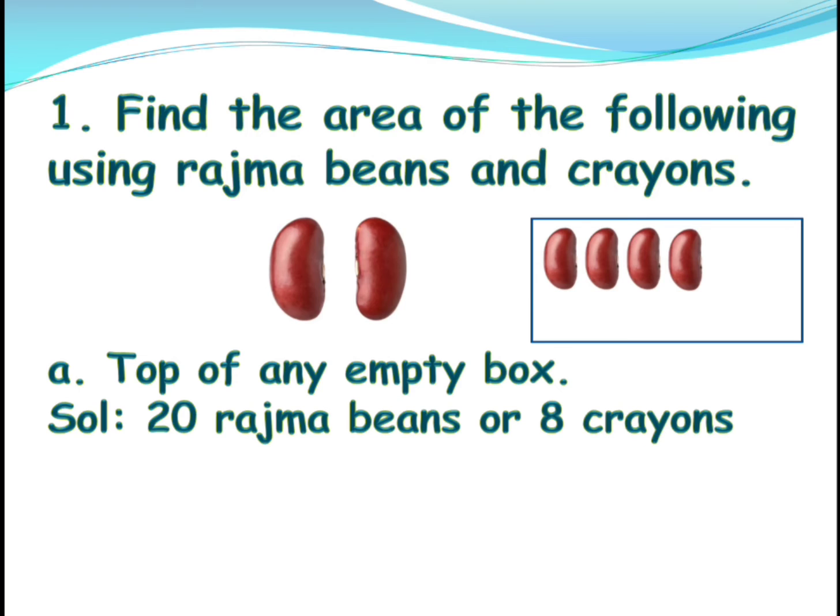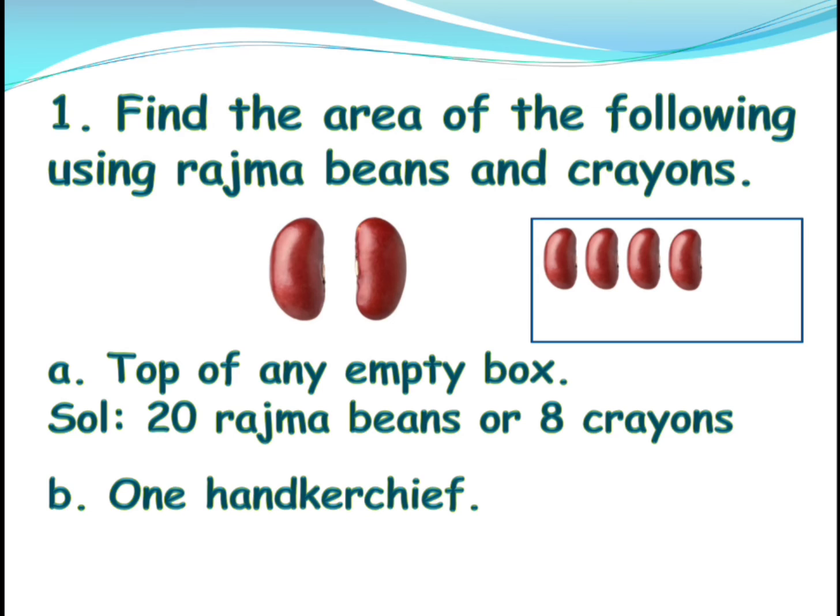Here it is an empty box, so measure that empty box with your rajma beans or crayons and write it down. Next, you have a handkerchief. Spread your handkerchief, place the rajma beans one beside the other, and cover the complete handkerchief.